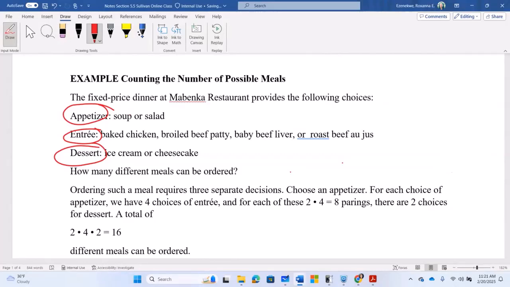For the appetizer, let me just say the appetizers are A1, A2. That's the appetizer. And then entrees, there are 4 of them, so we're going to call them E1, E2, E3, E4.